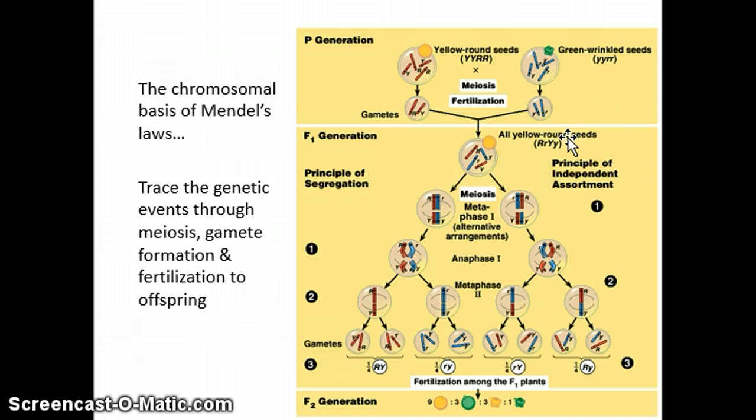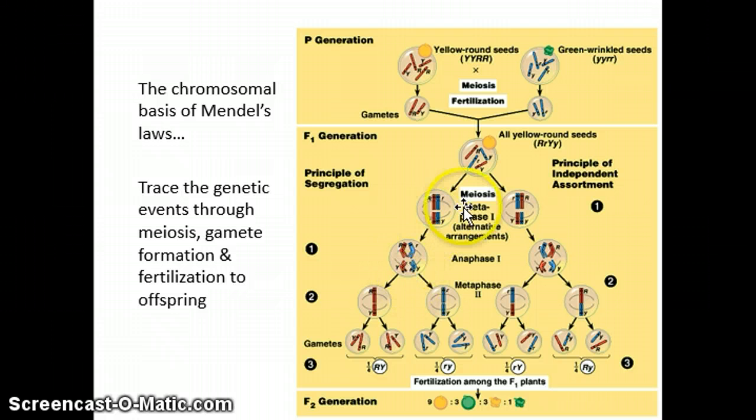So with the principle of segregation, we end up with our tetrads being lined up here, and we are going to separate out the two allele possibilities for each set of homologs. And that's what happens here in anaphase 1.